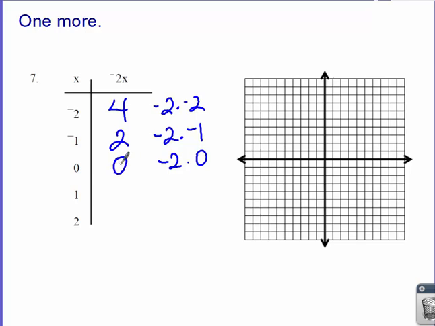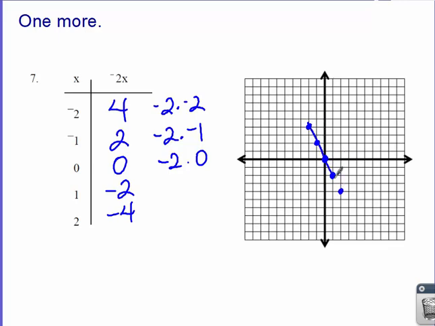So hopefully you realize that we are subtracting 2. So that's going to give me a -2 and then -4. So when we graph these, we have -2, +4, -1, +2. Again, 0, 0, which is the origin. And then right 1, down 2. And then right 2, down 4.